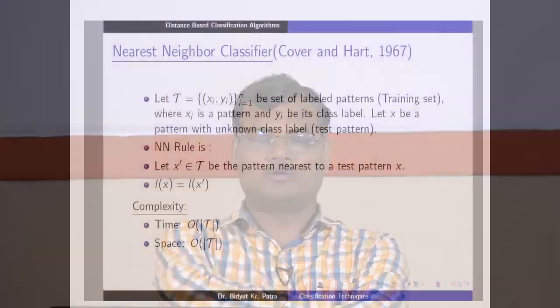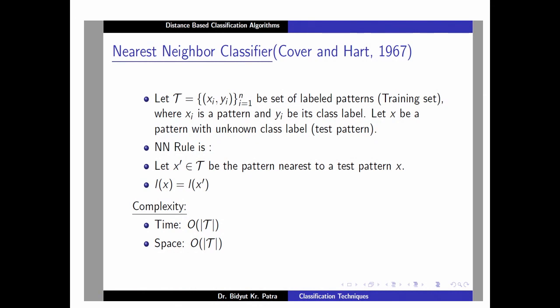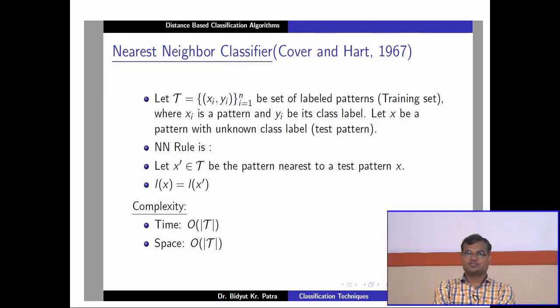Next we talk about the distance based classification algorithms. Earlier we talked about the decision tree. In the case of distance based algorithms, the basic notion is that between two objects we should be able to compute the distance.